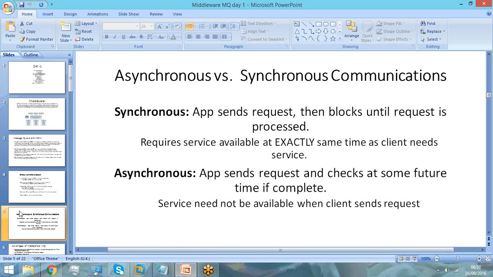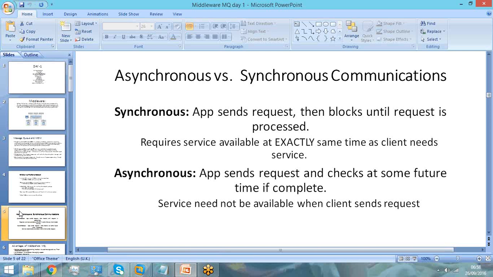Asynchronous communication, because applications are independent of their availability. An application can send a message, and it can be picked up later when the destination application, which is down, comes up.